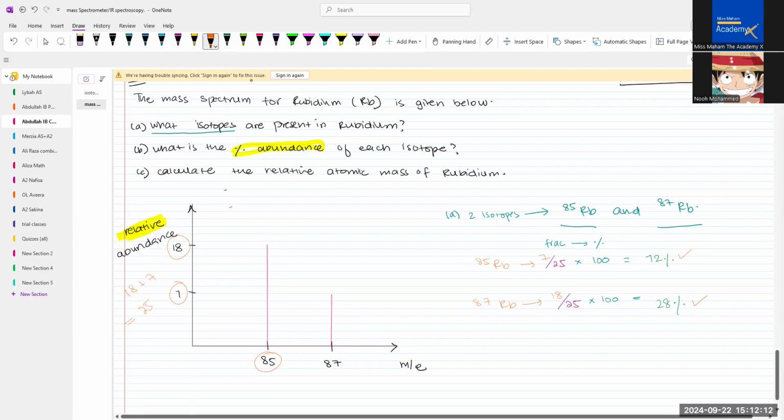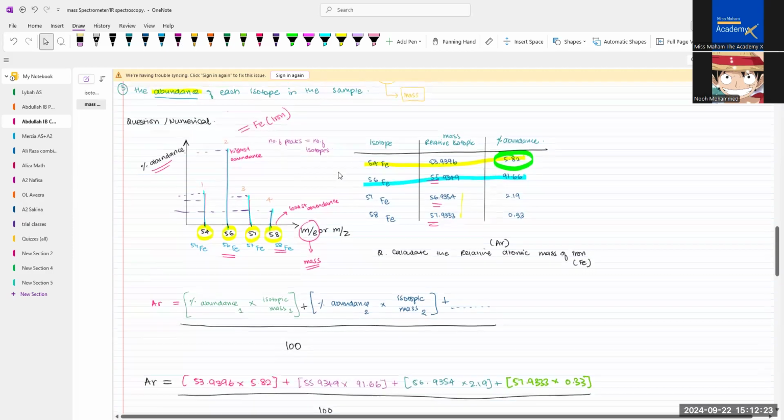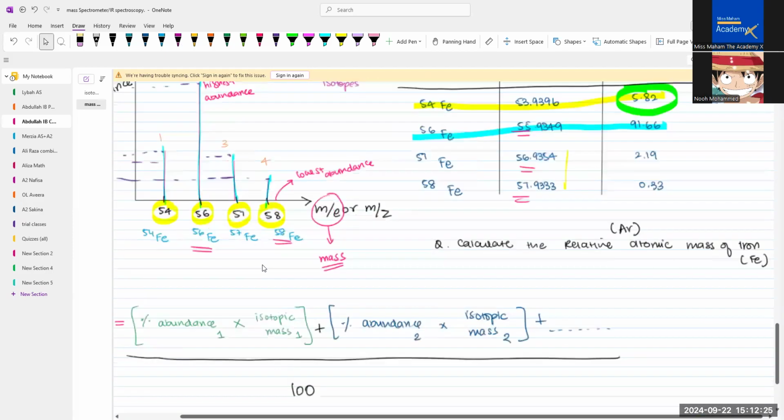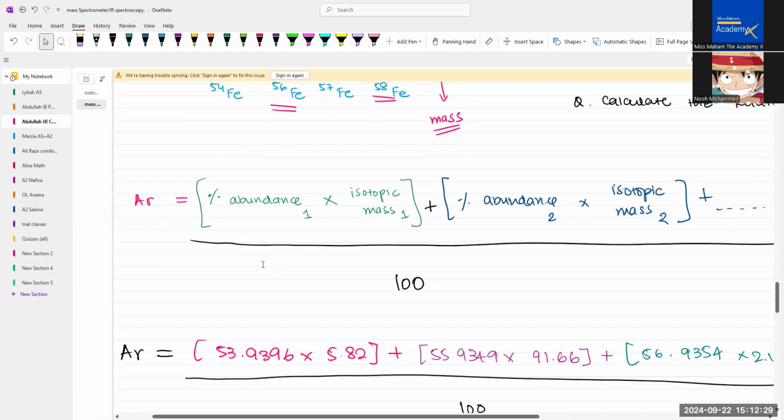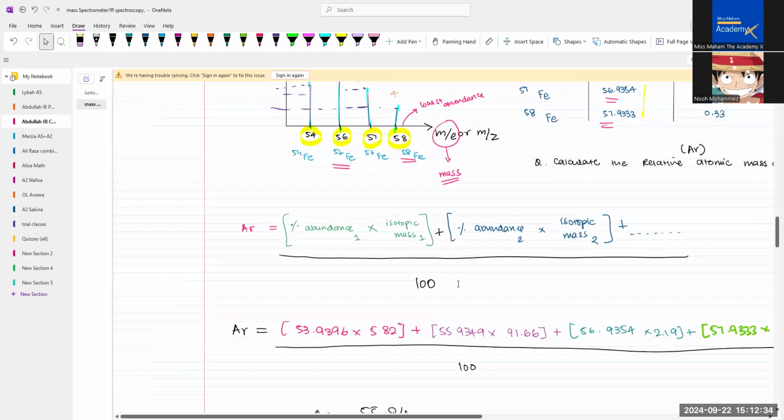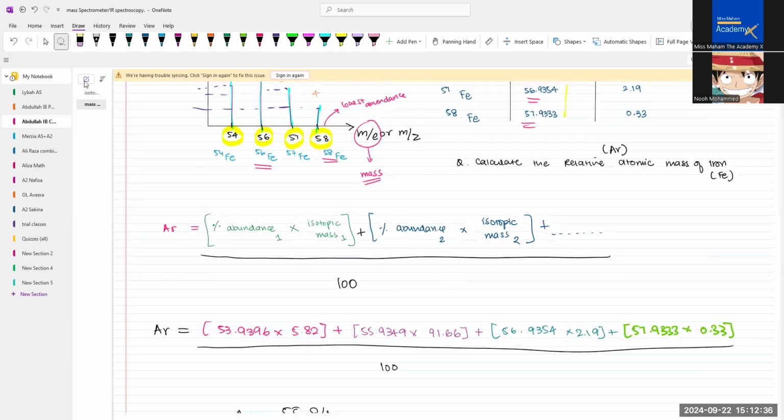Part C, calculate the relative atomic mass of rubidium, which is the Ar of rubidium. So we're going to use the same formula. Ar equals percentage abundance of one isotope times the isotopic mass of that one, plus the percentage abundance of the other one times the isotopic mass of the other one, and so on.